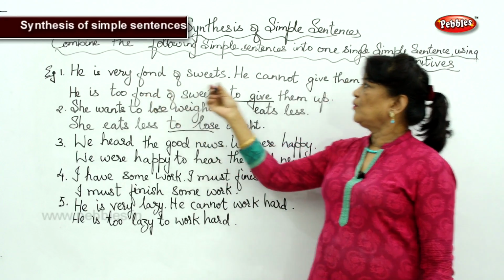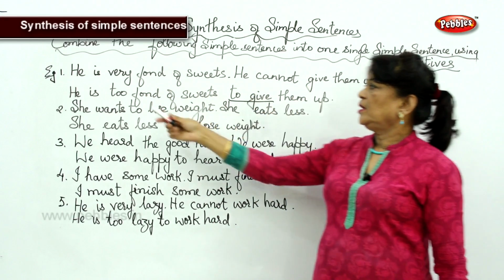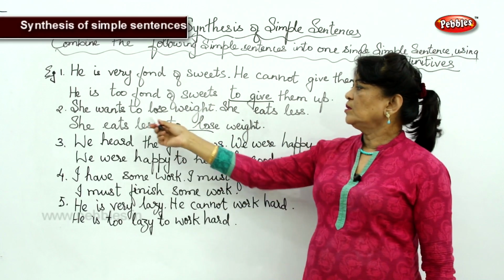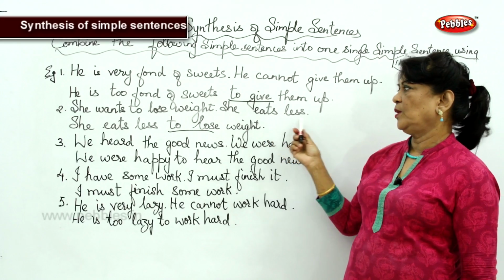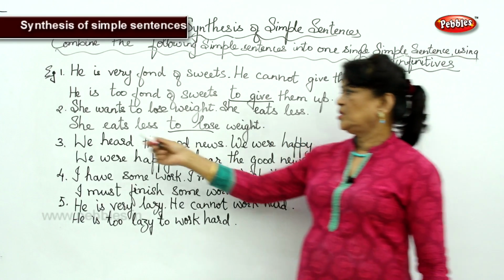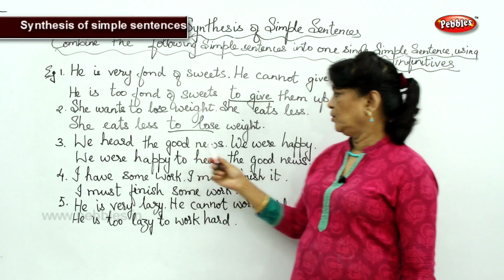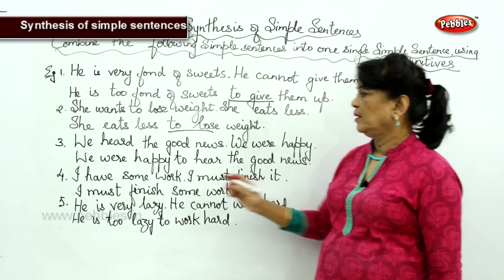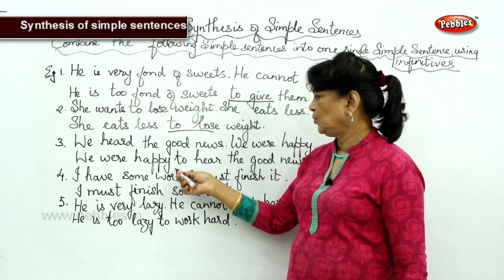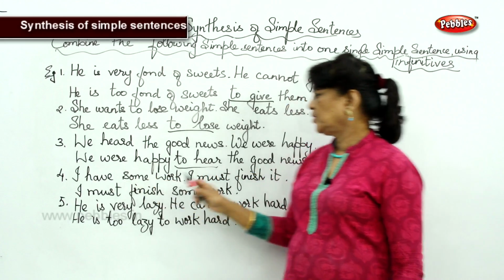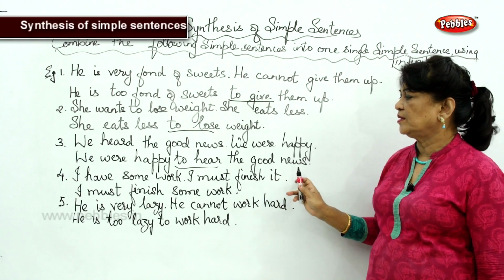He is very fond of sweets, he cannot give them up. He is too fond of sweets to give them up. She wants to lose weight, she eats less. She eats less to lose weight. I heard the good news, we were happy. We were happy to hear the good news. I have some work, I must finish it.